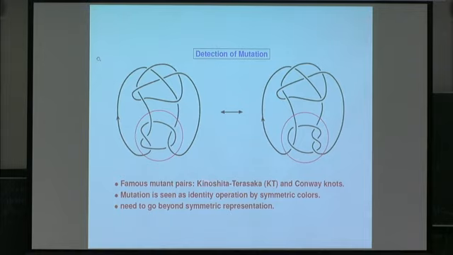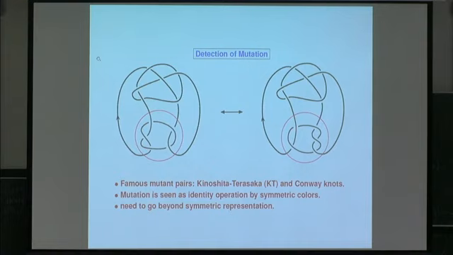This is the Kinoshita-Terasaka and Conway knots. What we see is that if you put symmetric representations of the symmetric colors, this mutation can be composed involving braiding operations as a braid word, and it will be seen as an identity operation. So this is the identity operation as far as symmetric colors are concerned. So this knot and this knot are actually inequivalent, they are not isotopic, but I don't see this operation. I get the same polynomial for this as well as for this with the symmetric colors.